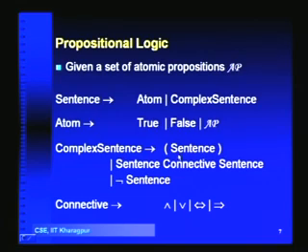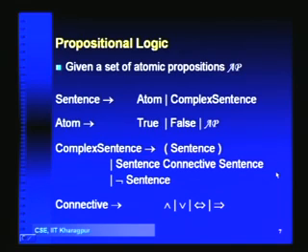Complex sentences can be sentences connected together with connectives, where connectives can be and, or, both-ways implication, one-sided implication, right. So, if I say A implies B, it means if A then B. Whenever A is true, B has to be true, right.